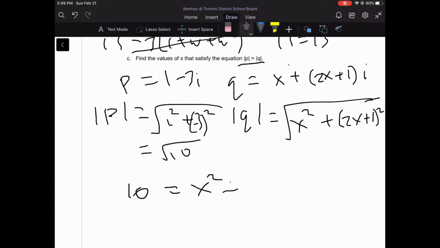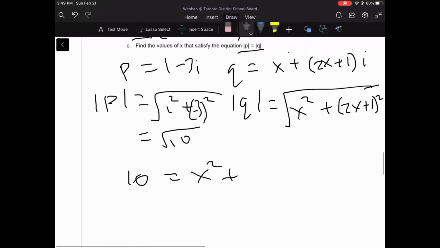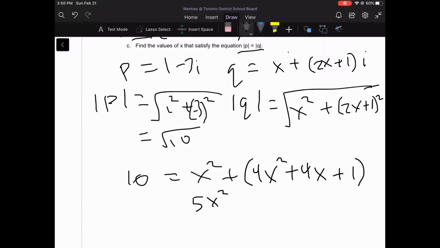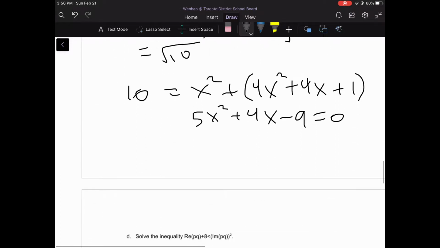x squared plus, let's expand this term, 4x squared plus 4x plus 1. Alright, so 5x squared plus 4x minus 9 is equal to 0. So we can factor this: 5x, x, and the second term multiplies to negative 9.